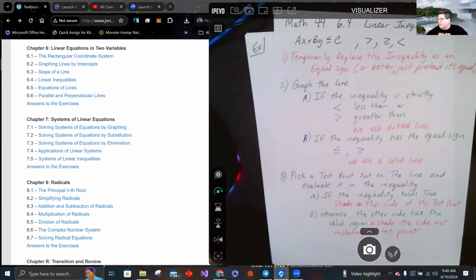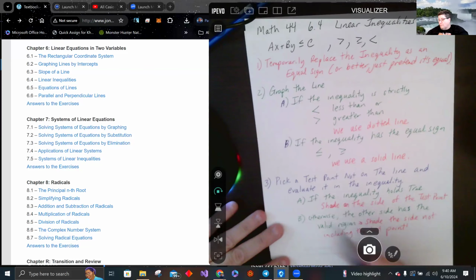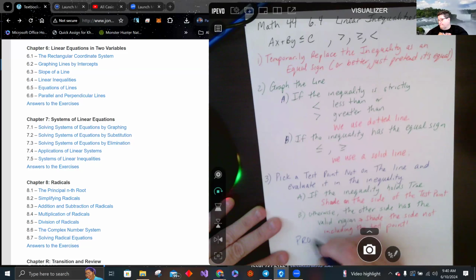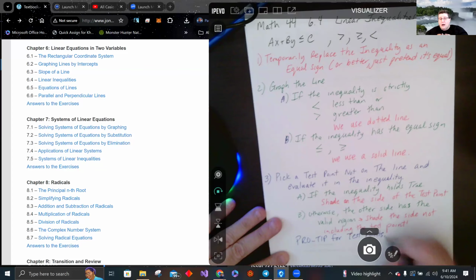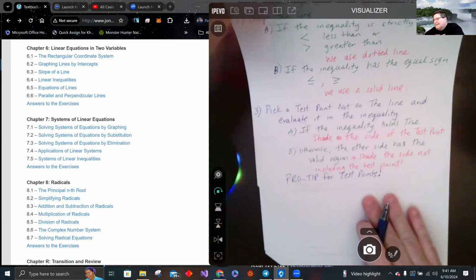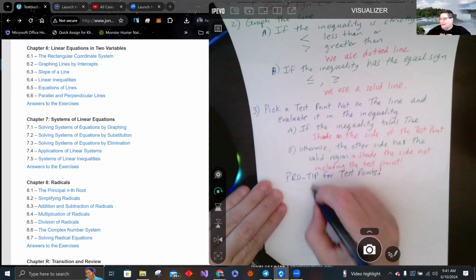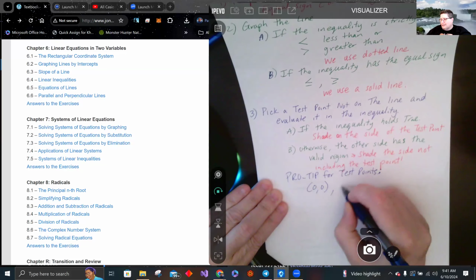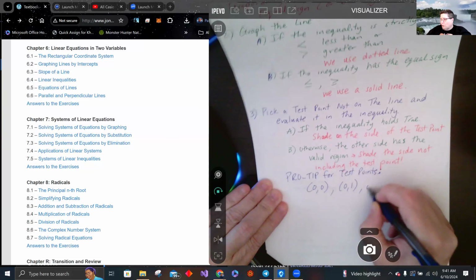Great test points. Pro tip for test points. One of the following is guaranteed to not be on the line: 0, 0, or 0, 1, or 1, 0.